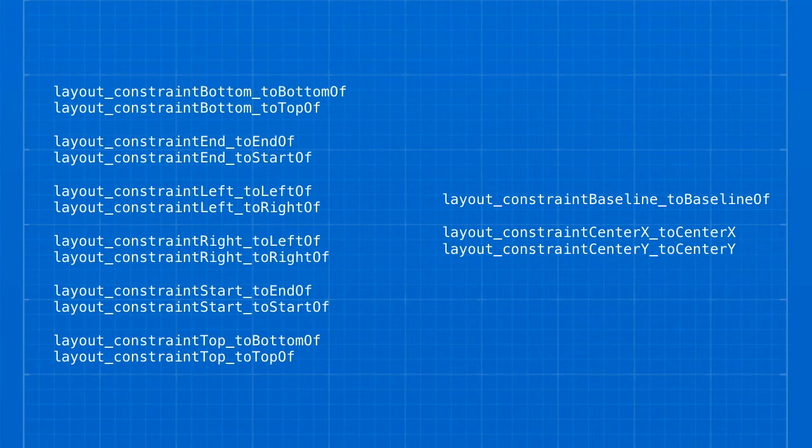Now there's one that I left out, so I'll just quickly point it out, which is the baseline constraint. If you're not familiar with it, text-based views have an additional position called the baseline, which is essentially the bottom of the text as opposed to the bottom of the view. So you can align things based on that as well. You could do that with linear layout and relative layout as well. So nothing too crazy there.